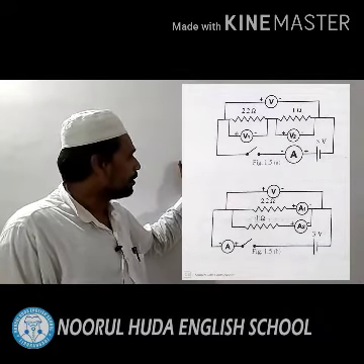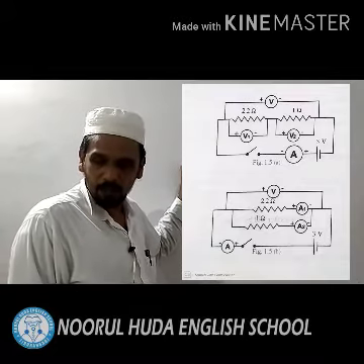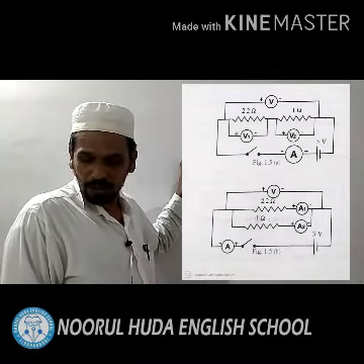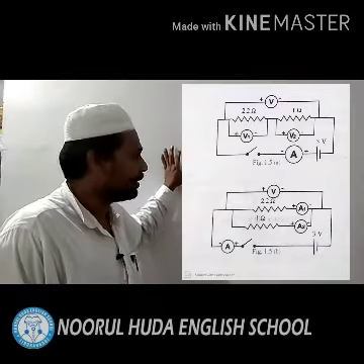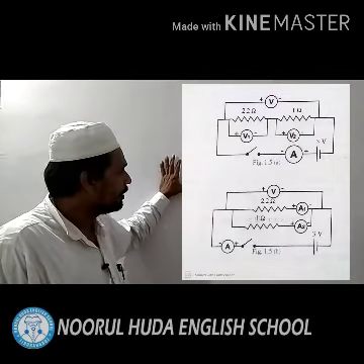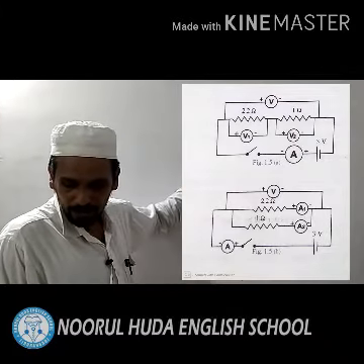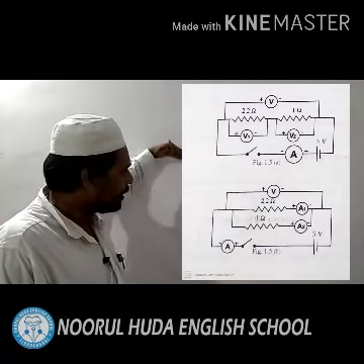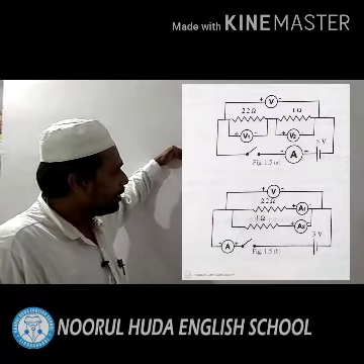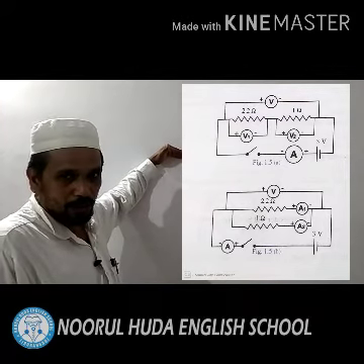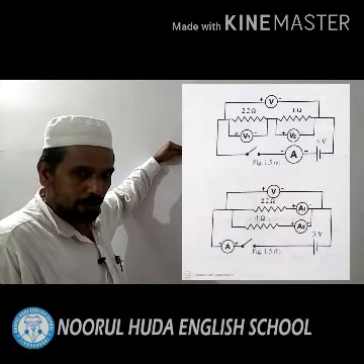Here, in the first circuit, two resistors are connected in series. Each resistor is connected with a voltmeter and the circuit is connected with an ammeter.